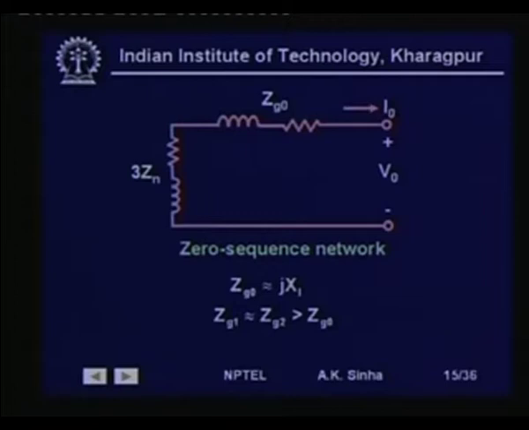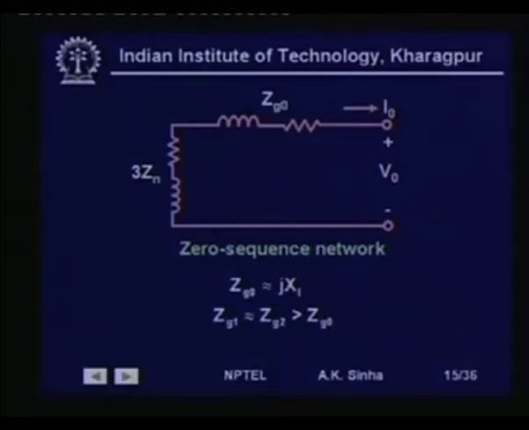Zg1, especially when we are using the subtransient reactances, will be of the order of 0.08 to 0.14 or something like that. So, Zg1 will be in that range. We are talking of this impedance in per unit.